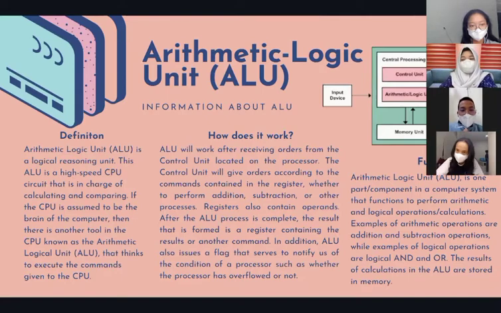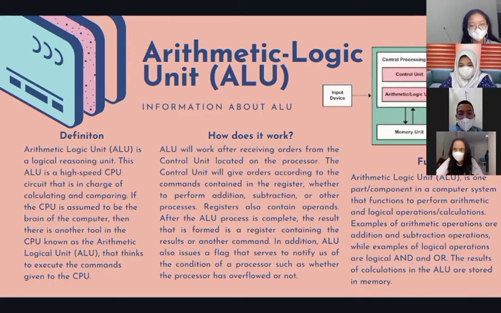This ALU is a high-speed CPU circuit that is in charge of calculating and comparing. If the CPU is assumed to be the brain of the computer, then there is another tool in the CPU known as the arithmetic logic unit that thinks to execute the commands given to the CPU.